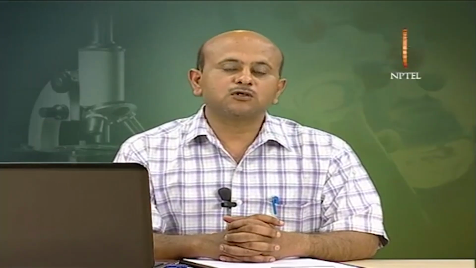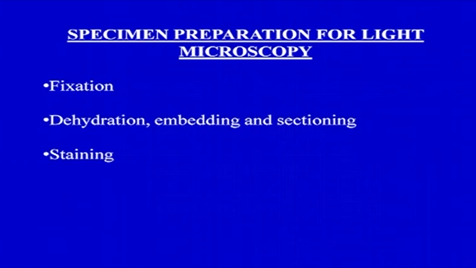Now, before we end this section, let us also discuss a little bit about specimen preparation for light microscopy. If you remember, I have told you that there could be two kinds of samples used here.